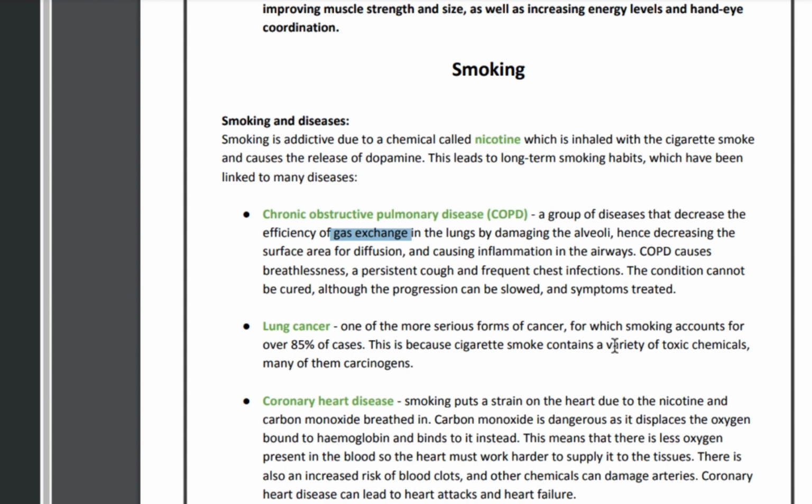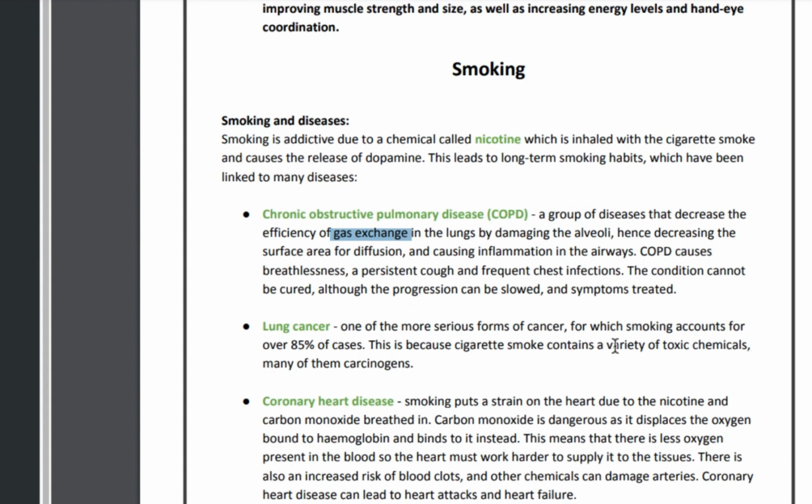It's a serious form of cancer for which smoking accounts for over 85% of it. The remaining 15% may be from dust, from a dusty environment, like concrete dust, all types of dust.